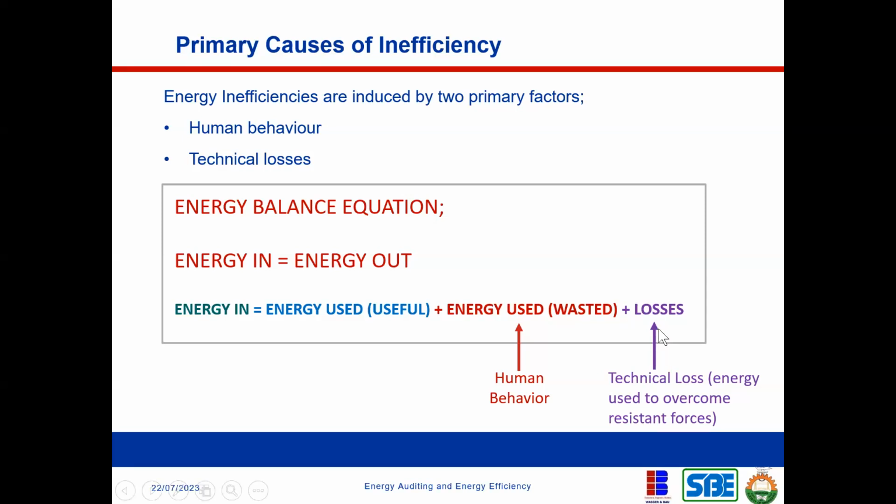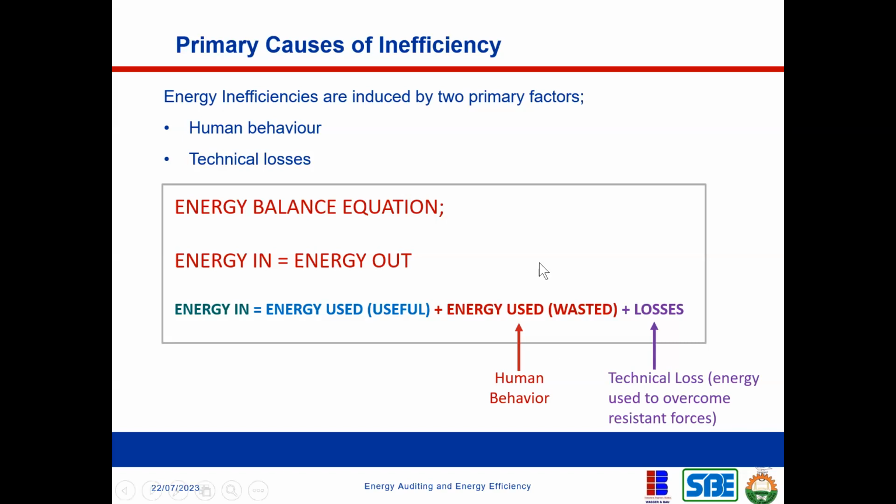When I talked about electricity, I told you that electrons flow through the wire. Now those wires have resistances, which are measured in ohms, right? So in overcoming those resistances, you have losses. The wire sometimes gets heated and it's converted to heat and dissipated into the environment. So those are technical losses, which you cannot totally avoid, okay?